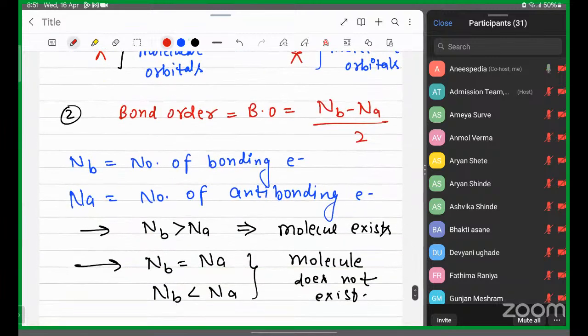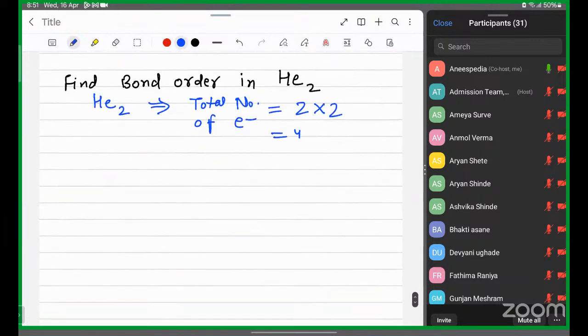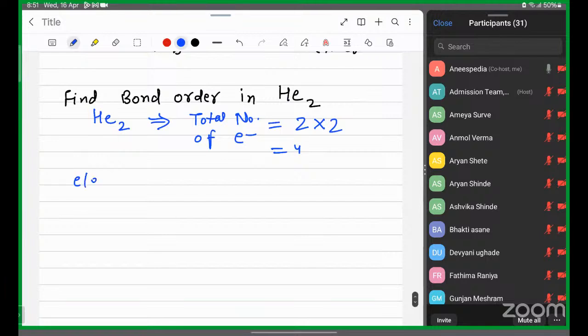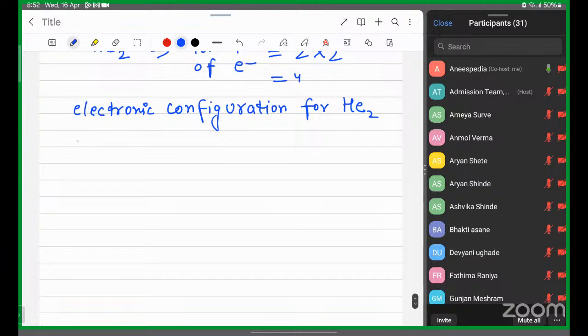So this will be the electronic configuration of helium. The electronic configuration for helium can be given as sigma 1s2 sigma star 1s2.